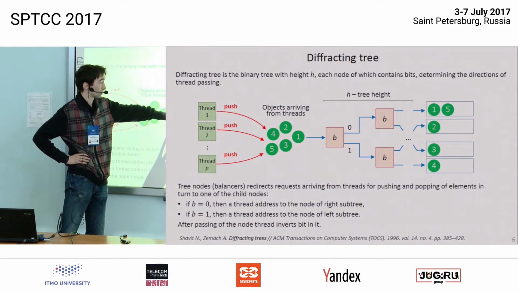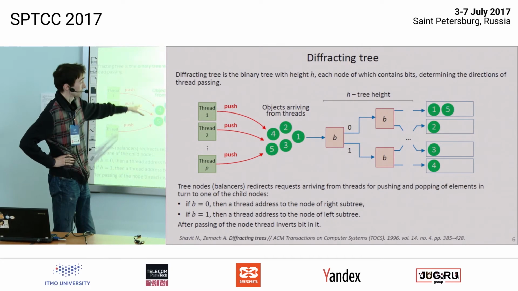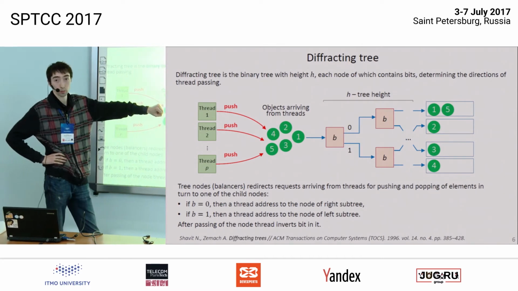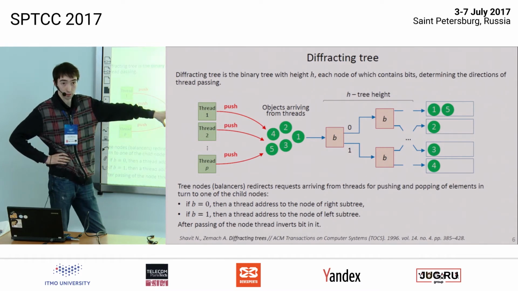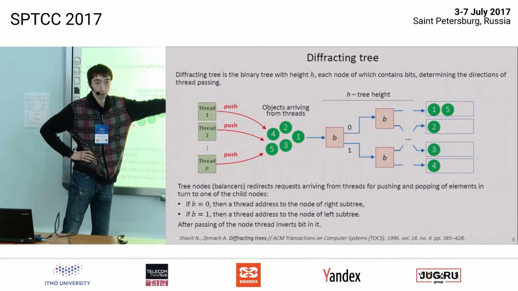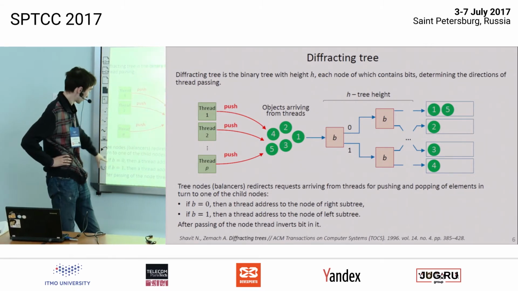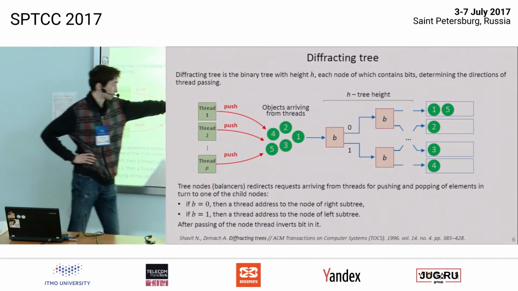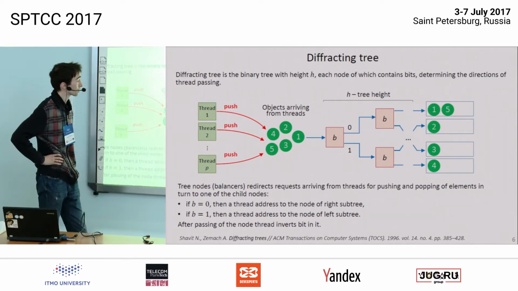the direction of the path of threads doing operations with the pool. When a thread arrives at the tree, it passes through the tree, and if the bit equals 0, it goes into the upper subtree.